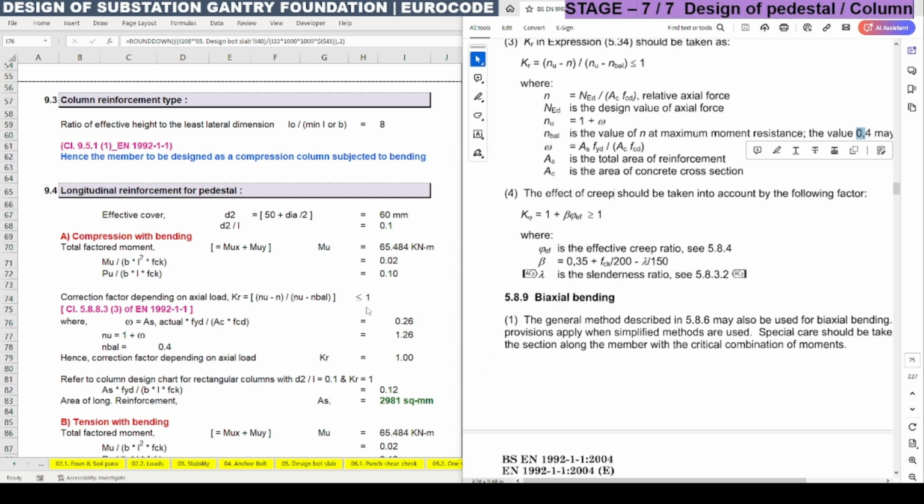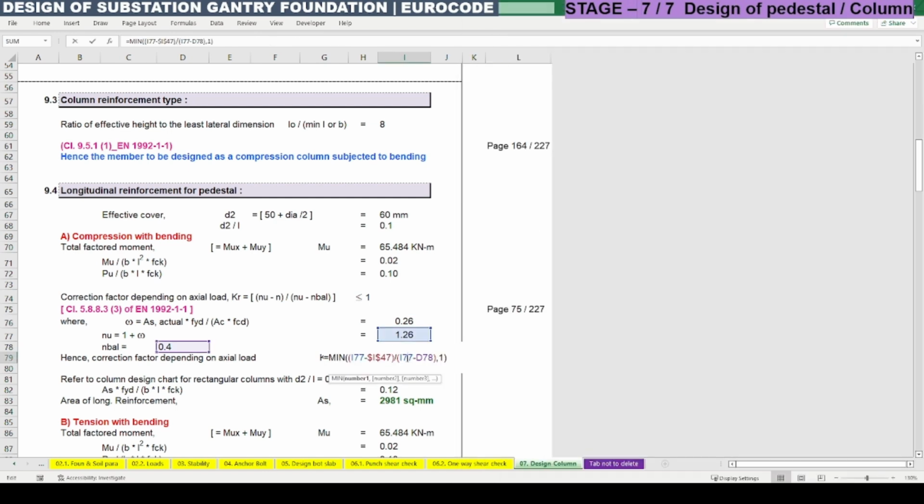So we get the correction factor equal to 1, because this value is more than 1, so it considers the minimum of this equation and 1. So the correction factor is 1. Suppose the actual correction factor is 1.35, but this equation states that the correction factor should not be greater than 1. So we are considering this as 1.